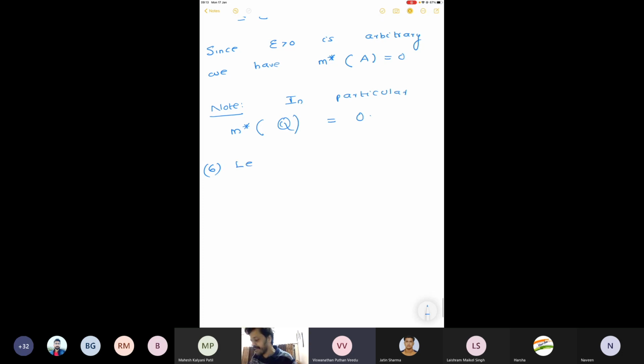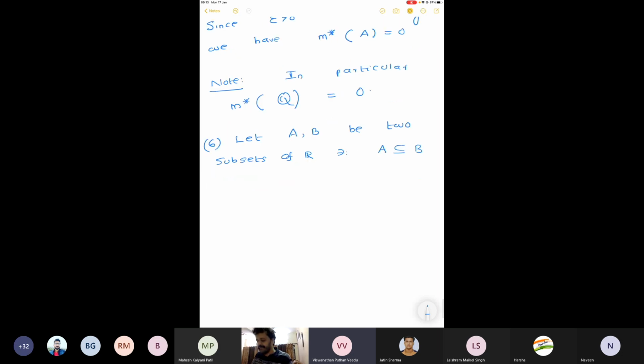Let A and B be two subsets of R such that A is contained in B. I wanted to compare M star of A and M star of B. The natural expectation is M star of A should be less than or equal to M star of B.